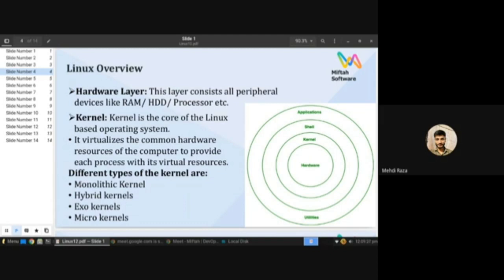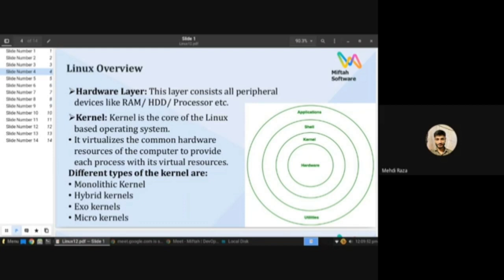Whenever we want a particular resource, the monolithic kernel just gives us those resources. So what's the benefit of the monolithic kernel? It is fast, but it is huge in size because of its resources.